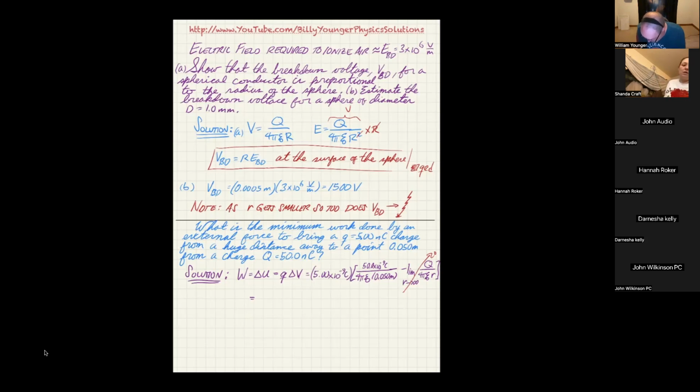So the coulomb squared is going to cancel out with the 2 coulombs. The newton meter squared is in the denominator, so one of the meters is going to cancel out, and we're going to have a newton times a meter, which is basically a joule in the bottom, which means a joule will come up on top, and then we'll have a joule per coulomb, which is a volt. But that volt multiplied by the actual coulomb on the other side will actually give us the joule.